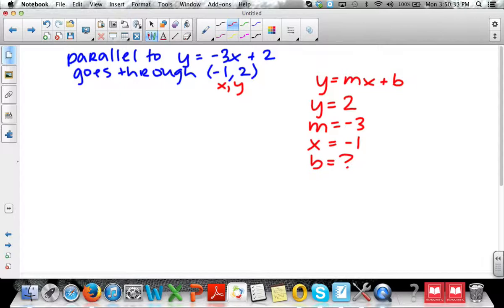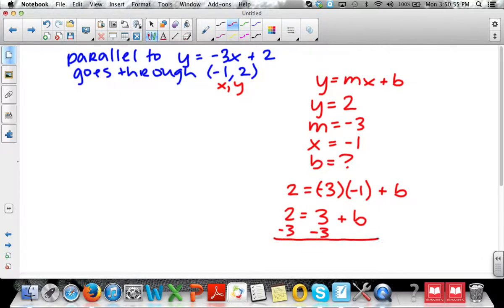So again, I'm going to plug all this stuff into y equals mx plus b. I still don't know b, that's what I'm looking for. So I've got 2, negative 3 times negative 1, that's positive 3. Be careful with your negatives. And then to solve for b here, I have to subtract. So negative 1 is b, because those cancel.